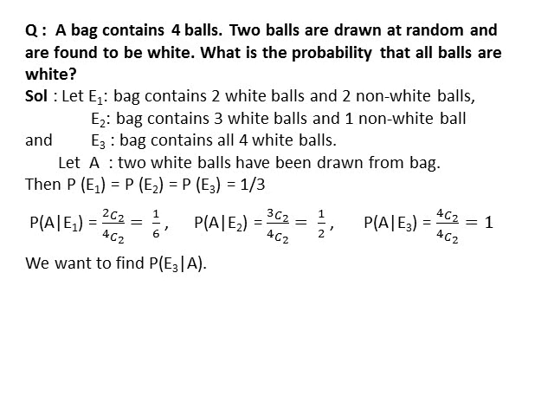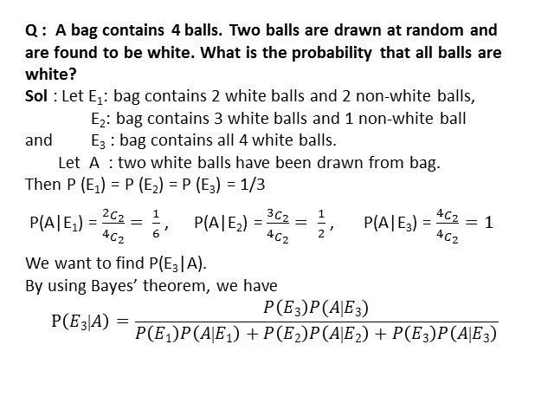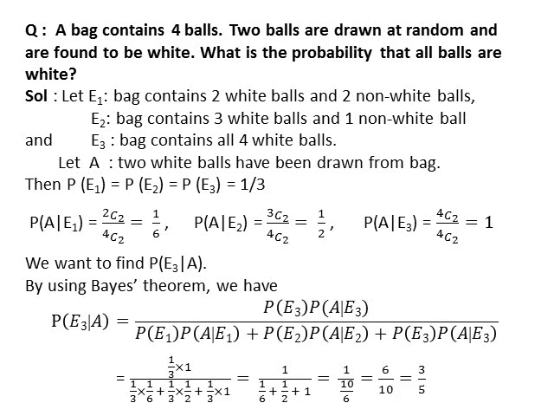By using Bayes' theorem, we have P(E3 given A) equals P(E3) multiply P(A given E3) divided by P(E1) multiply P(A given E1) plus P(E2) multiply P(A given E2) plus P(E3) multiply P(A given E3). Then put the values of probabilities and simplify it. After simplification, we get P(E3 given A) equals 3 by 5.